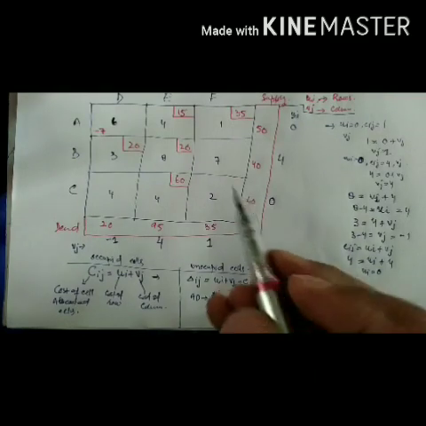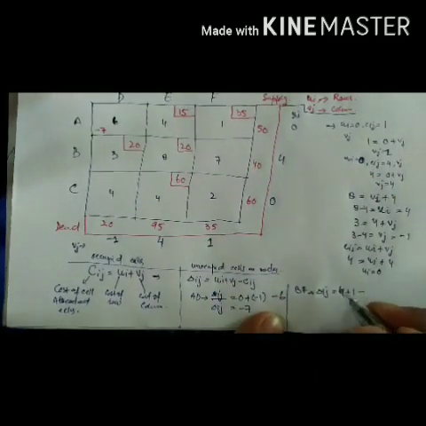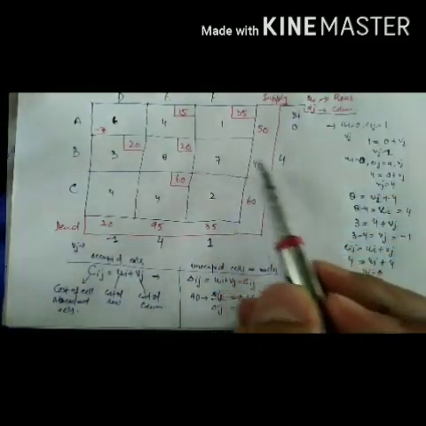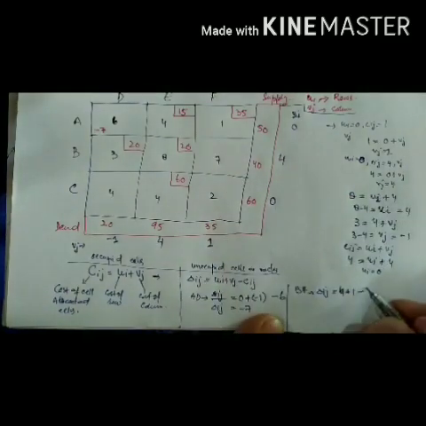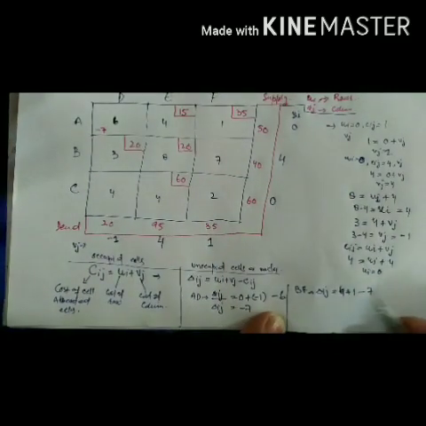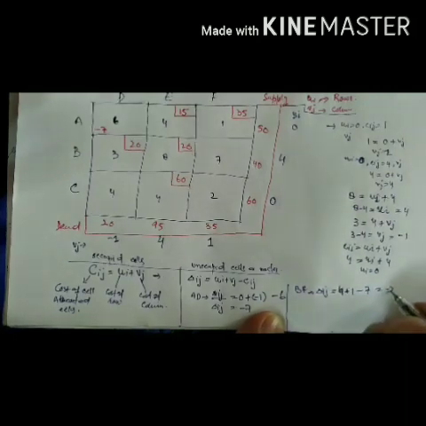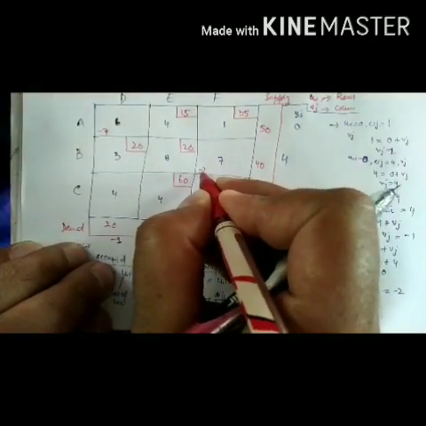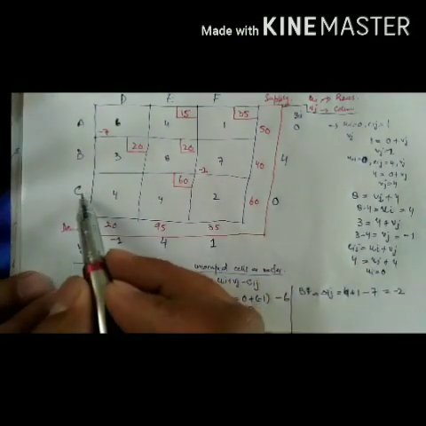How much is Cij of this route? Sorry, Ui is not 0, it is 4 here. I messed up this row. So 4 is Ui, plus Vj is 1, minus Cij, which is 7. 4 plus 1 is 5, 5 minus 7 will be equal to minus 2. Now I have to write here minus 2.